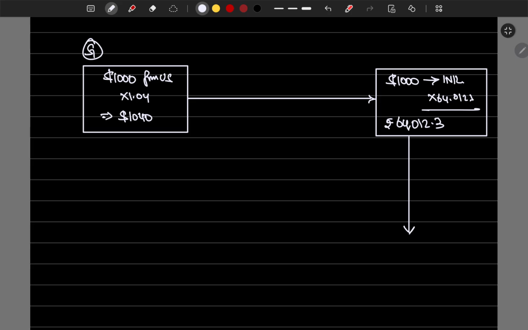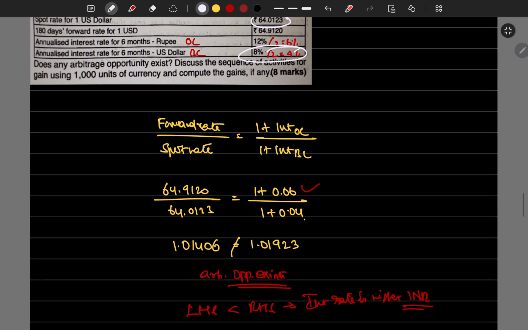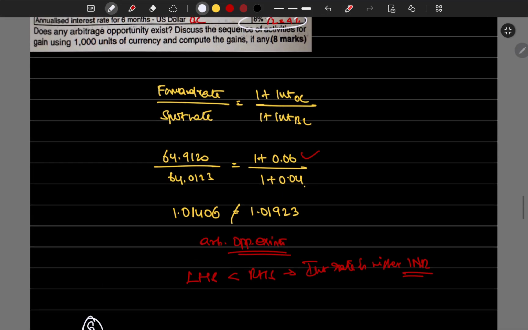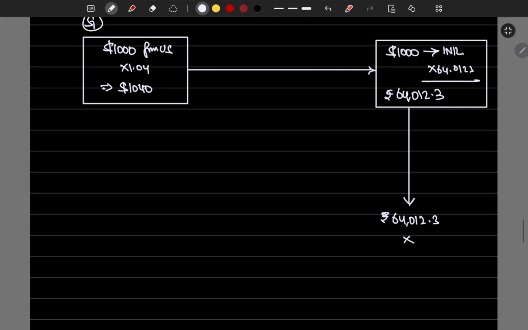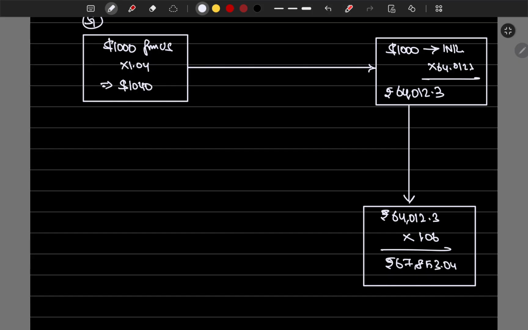Now we have to invest this amount in Indian banks. We invest 64,012.3 at the interest rate in India, which is 1.06 for 6 months, which gives rupees 67,853.04. Now again we have to convert to US dollars.